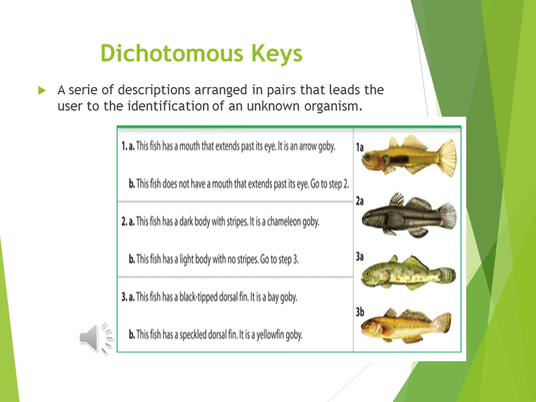In this diagram, we can see an example of a dichotomous key. It is related to fish species. As you can see, it shows different descriptions of some fish. It is the way that we must follow to find the species that we want to know. You keep making choices until you reach the name of the organism.